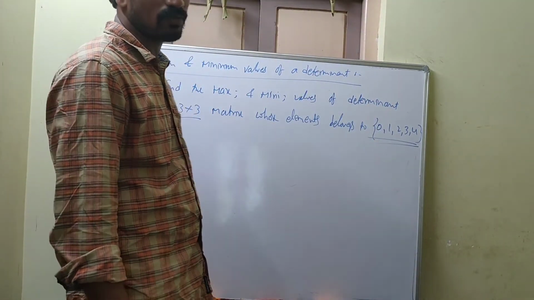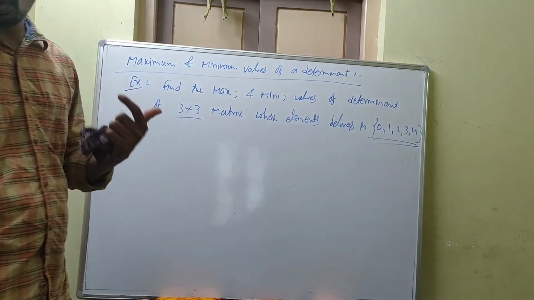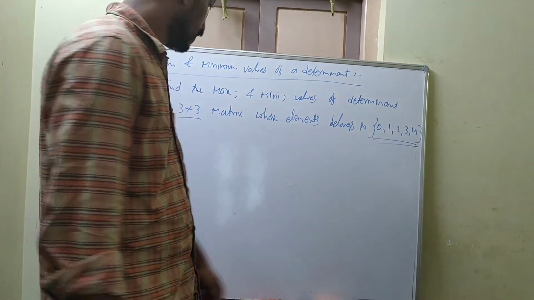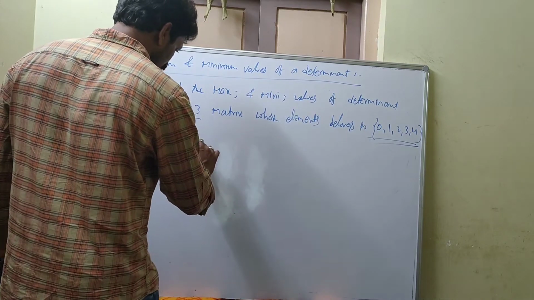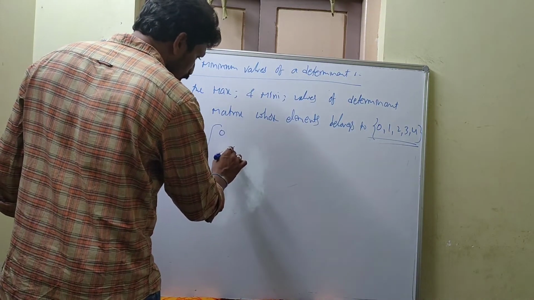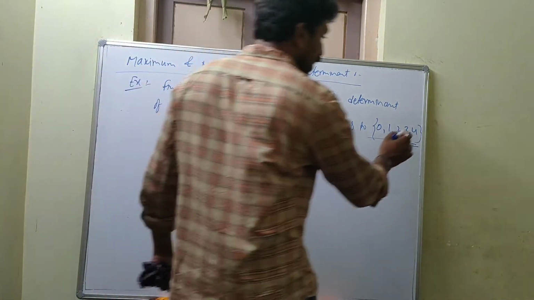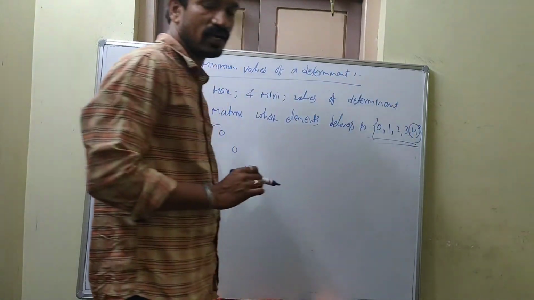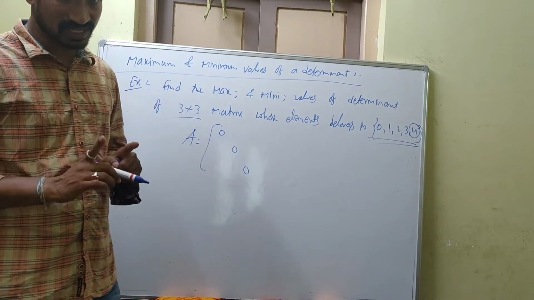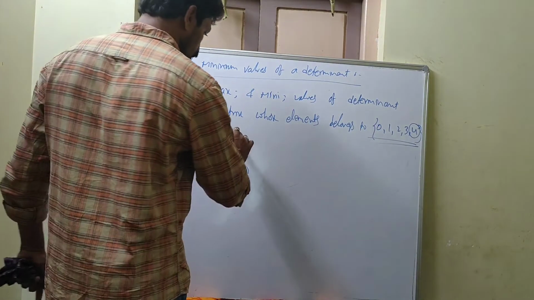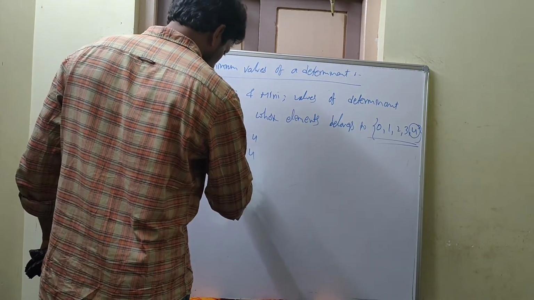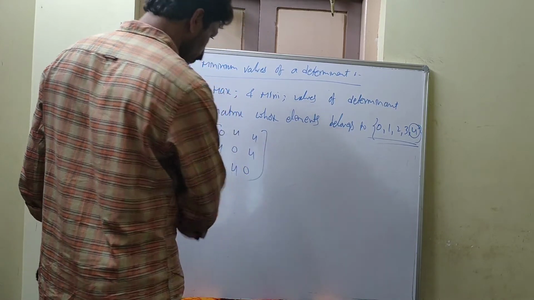To find the maximum or minimum values, we have to do one thing. We have to get a matrix that should be like this. Take all principal diagonal elements as zeros, and in the given elements take the highest one. That one you have to consider. 4, 4, 4, 4, 4, 4.